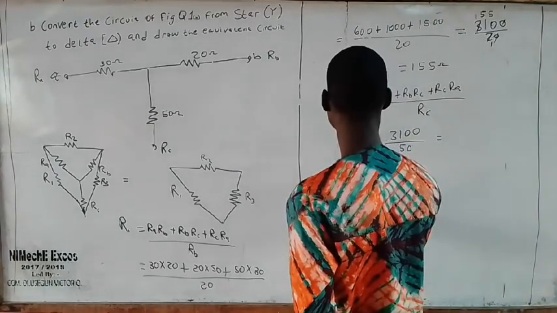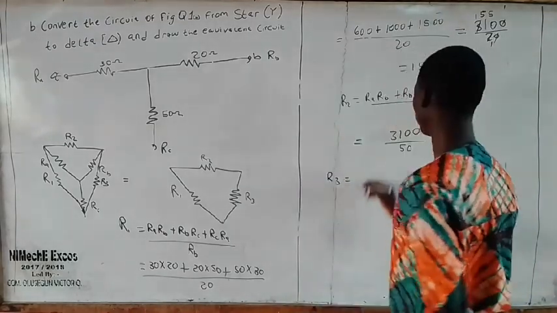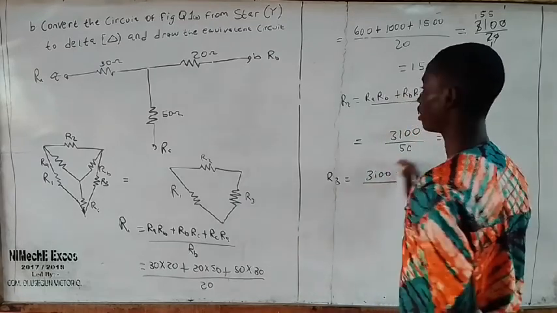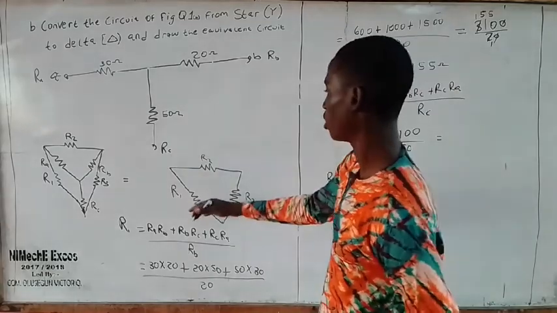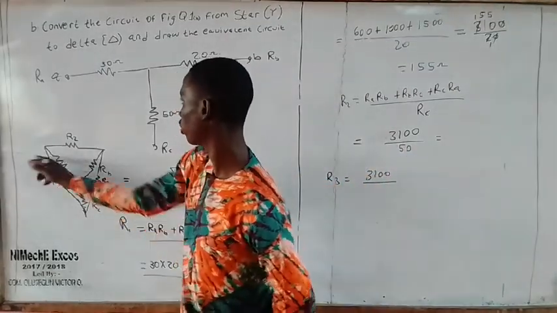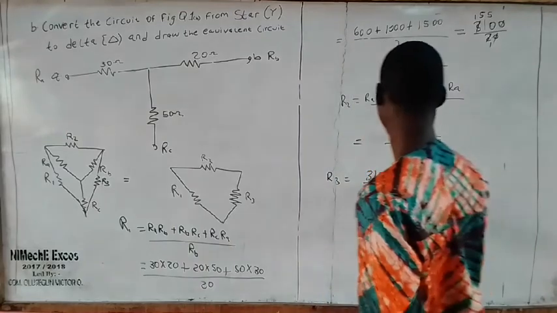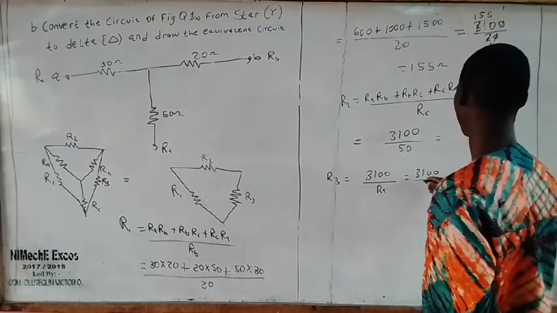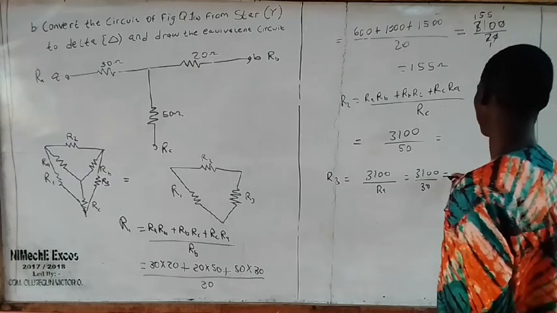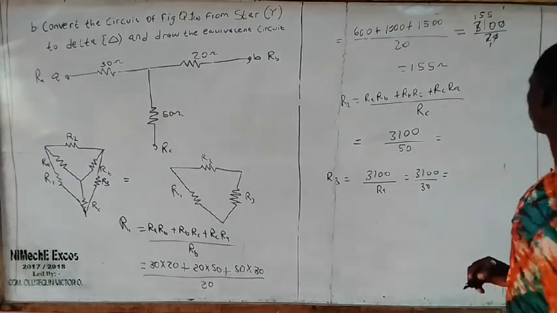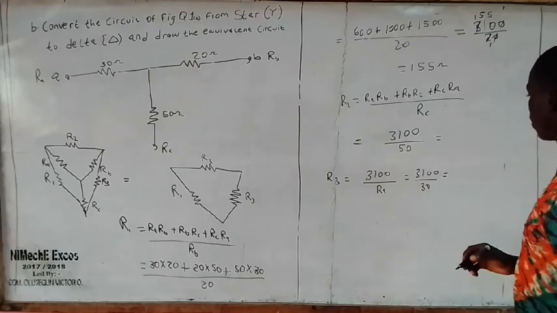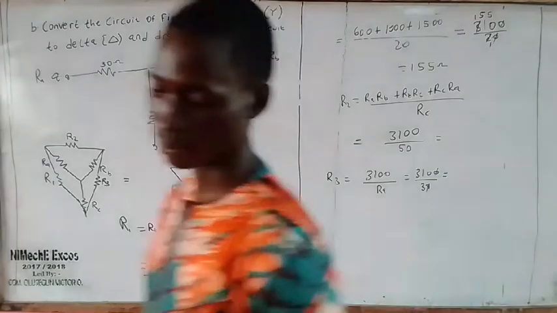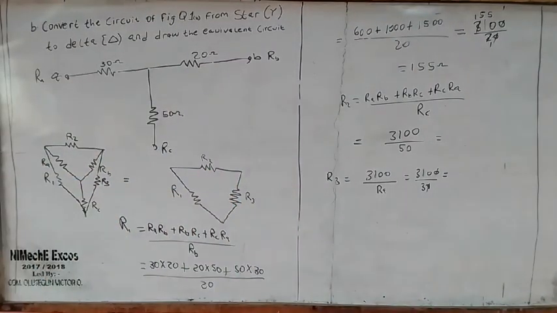For R3, it will be the same thing again, and that is 3,100 divided by RA, and RA is 30. So 3,100 divided by 30 should give us something like 103. 310 divided by 3 gives us 103.